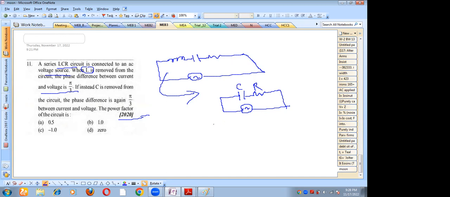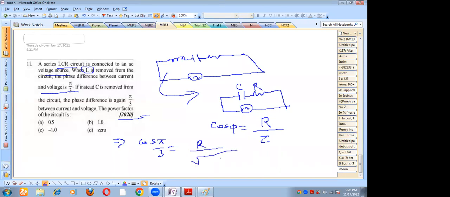So we know that in case of an RC circuit, cos phi is R by Z. From here we get cos pi by 3, since the phase difference is pi by 3. What is Z?